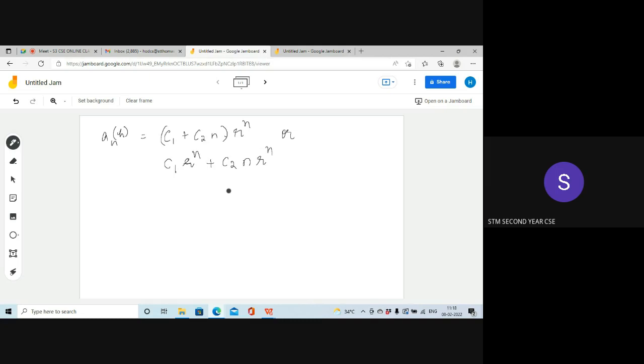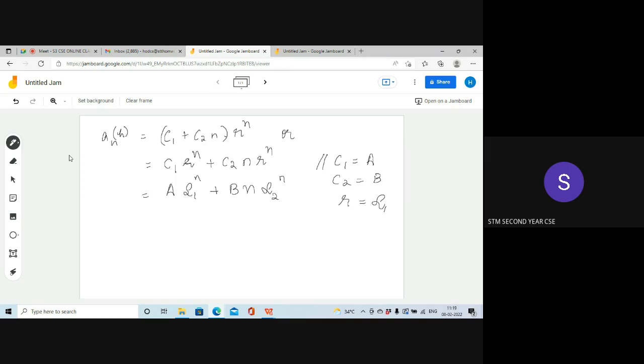So in my notebook, I had used C1 is equal to A, C2 is equal to B, and instead of r, I had put the term alpha. So when you refer to the note, you will find that it is of the form A alpha 1 raised to n plus B n into alpha 2 raised to n.